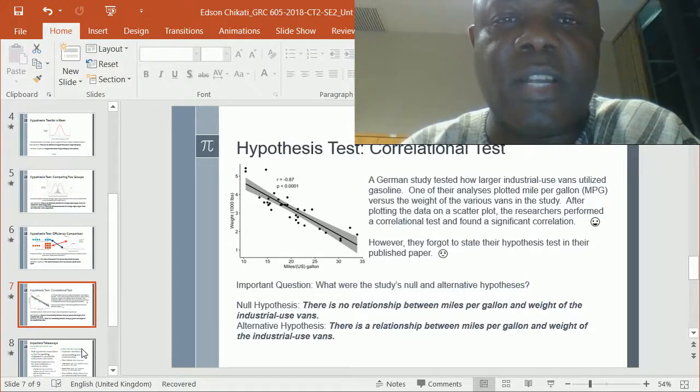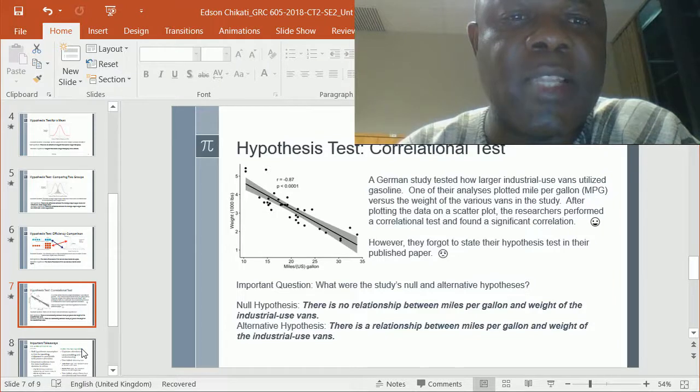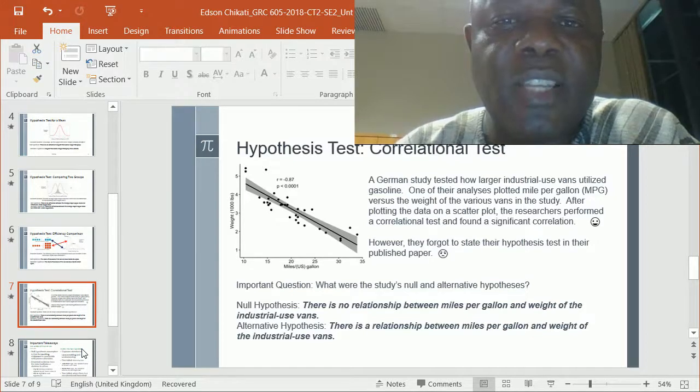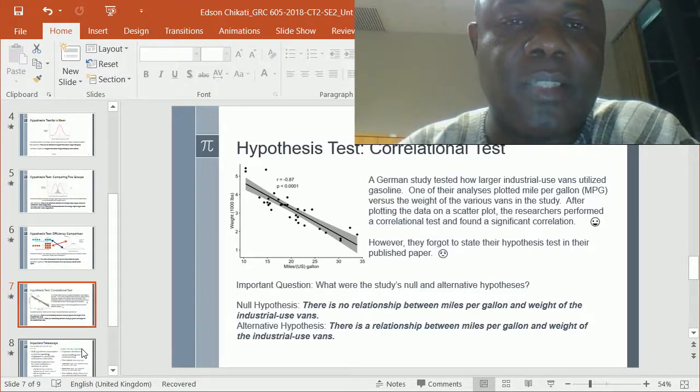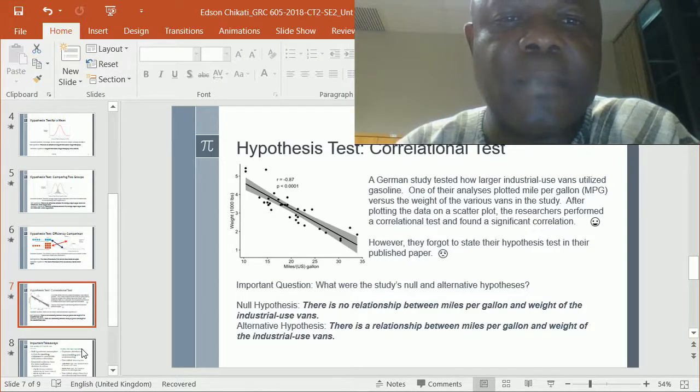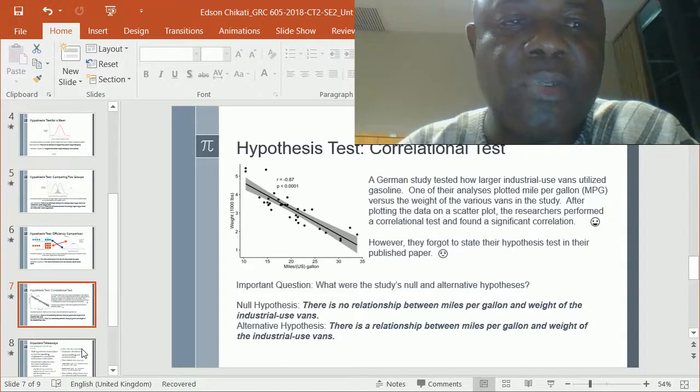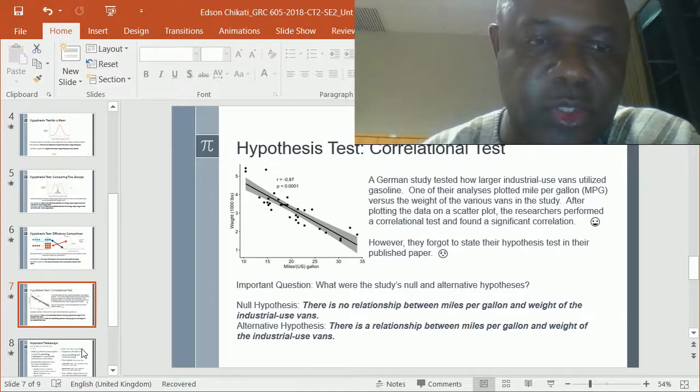From the test results, there is empirical evidence against the null hypothesis. This is also demonstrated by the line of best fit, which shows significant correlation. The decision, therefore, is that we reject the null hypothesis in favor of the alternative hypothesis.